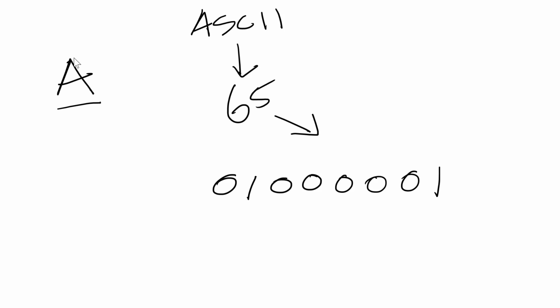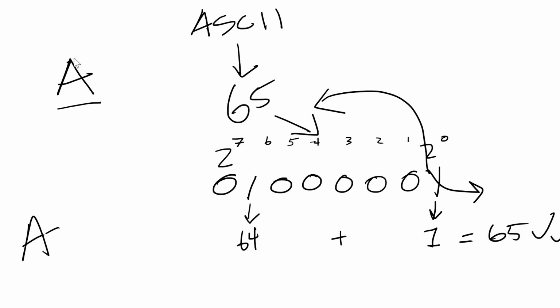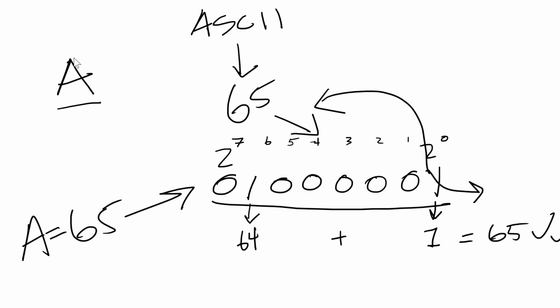So this is, remember, your base 2, 2 to the 0th, 1st, 2nd, 3rd, 4th, 5th, 6th, and 7th power. And this will correspond to a 1. This will correspond to a 64, equals 65, check, we're good. So these correspond with each other. All right, so we have A equal to 65, which equals these bits.